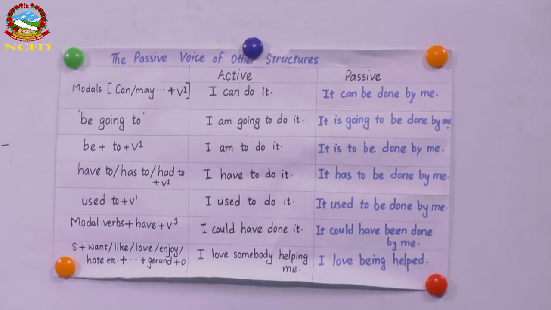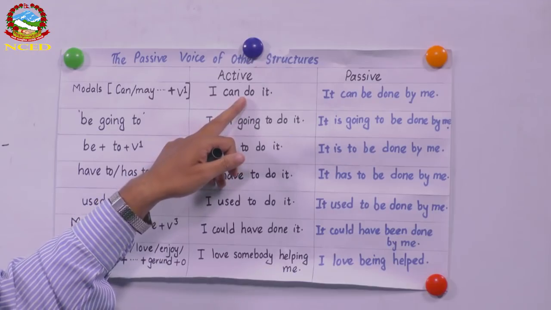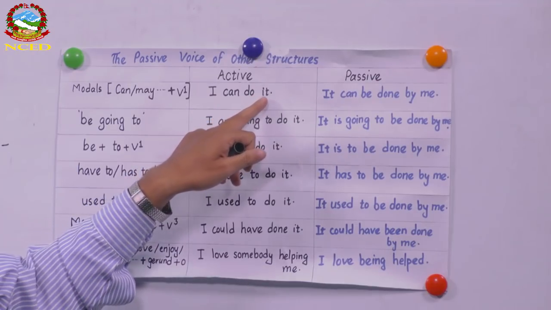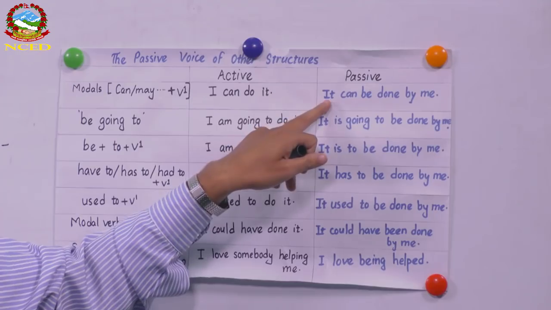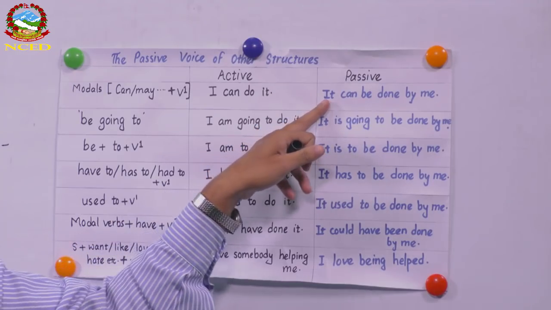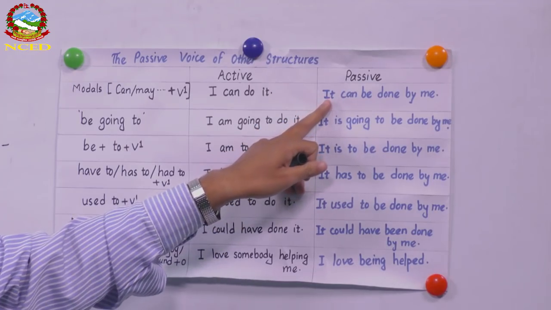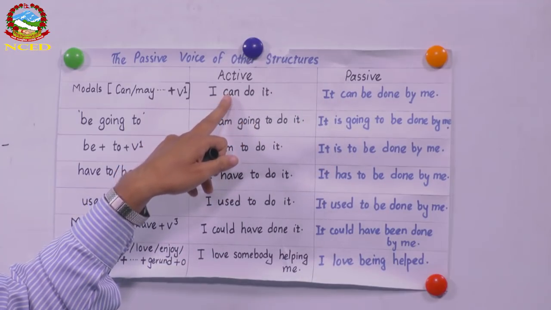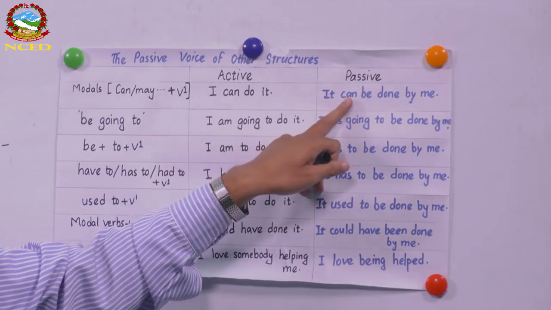It is not difficult to find the object because an object always follows the verb. Right after the verb we can see the object. So the object is brought to the position of subject. It is made a subject. So it in the beginning. Can is a modal auxiliary verb, use the same, can.